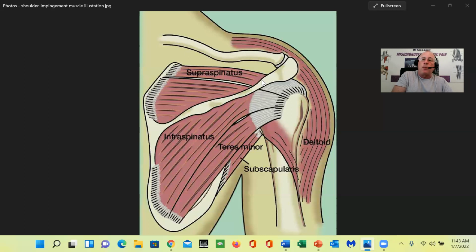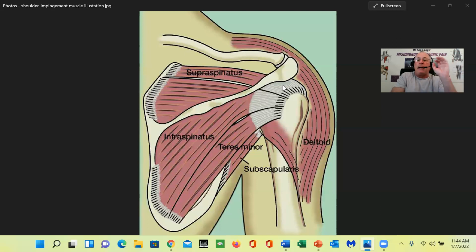So the supraspinatus tendon and the biceps tendon, which isn't shown, but I can assure you runs through here as well, can be pinched, which is what is typically known as impingement syndrome. Many of you have been diagnosed with impingement syndrome.